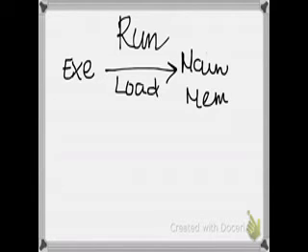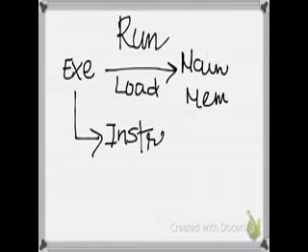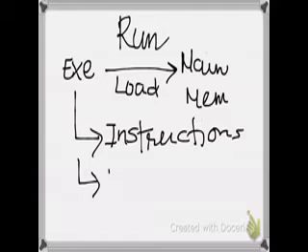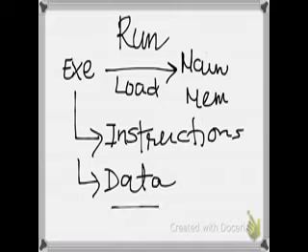This is the first thing that is done. So now this executable program has instructions, and it has data. So when you declare a variable or a constant, it is the data, and any other executable instruction falls under instruction.